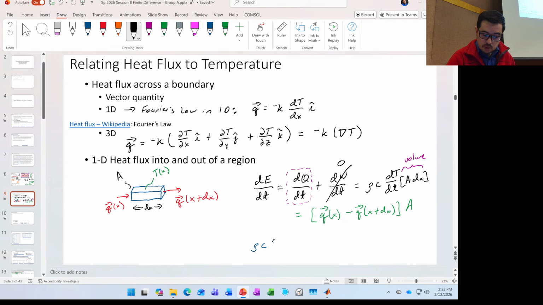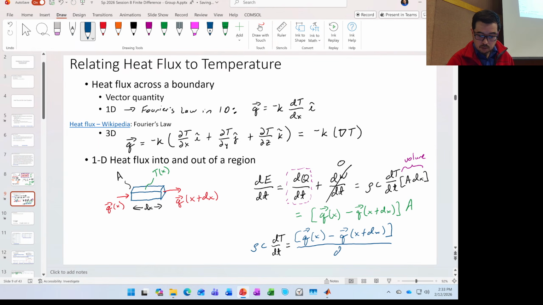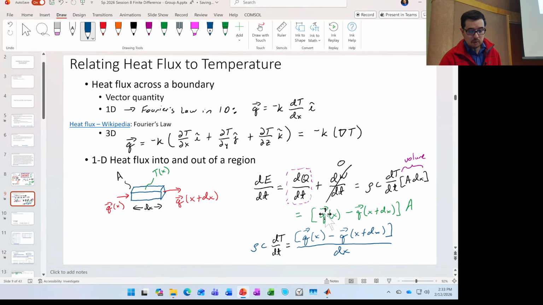So this is going to be dt, and we have this quantity up here over dx. So this dx came around and divided this side.